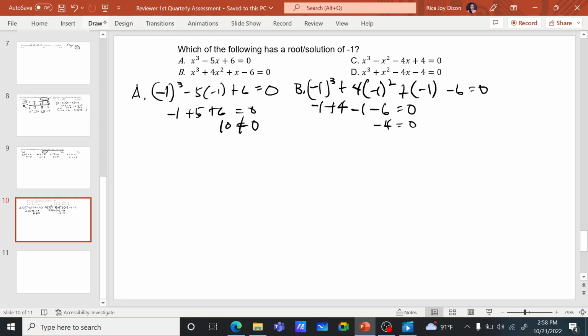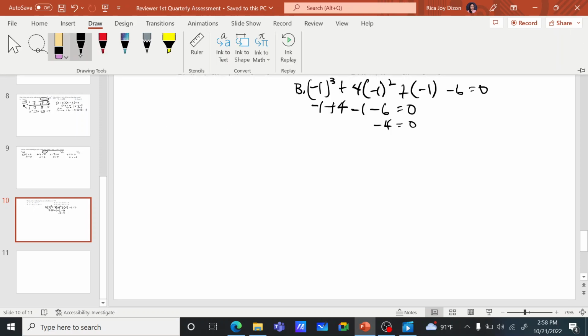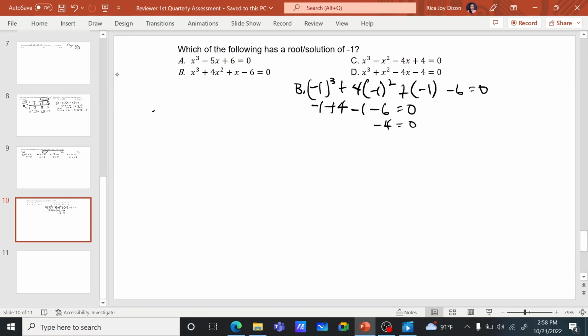How about letter C? Let's replace x with negative 1 in letter C. That would become negative 1 cubed minus negative 1 squared minus 4 times negative 1 plus 4. Negative 1 cubed is negative 1.